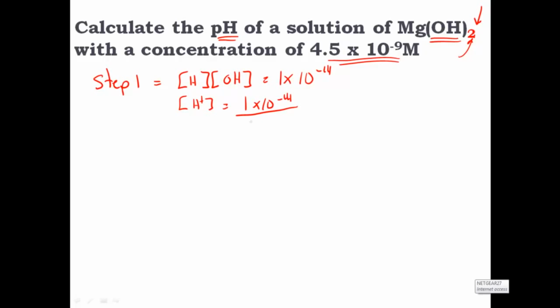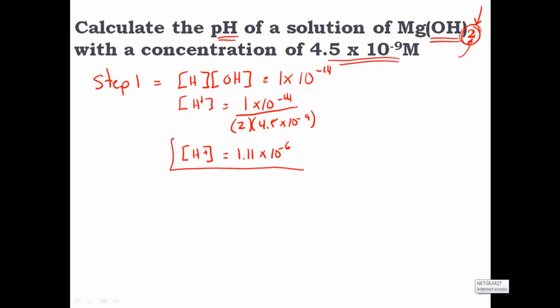We're going to divide this by 2 times 4.5 times 10 to the negative 9th. And now I did that because there were two hydroxide ions. When we use that value, the hydrogen ion concentration in solution is 1.11 times 10 to the negative 6th.